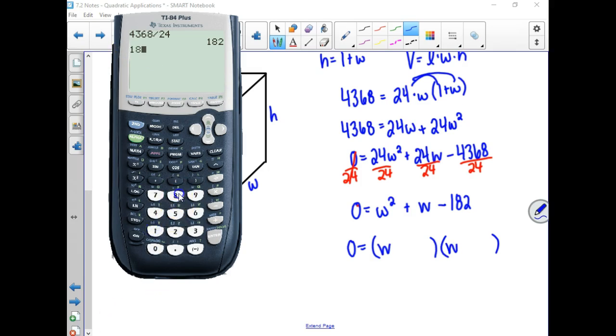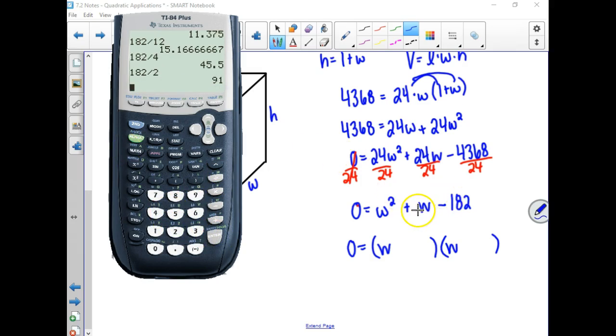So 182, if I divide it by, let's try 16, that doesn't work. 182 divided by 12. 182 divided by 4. 182 divided by 2, I know will work.